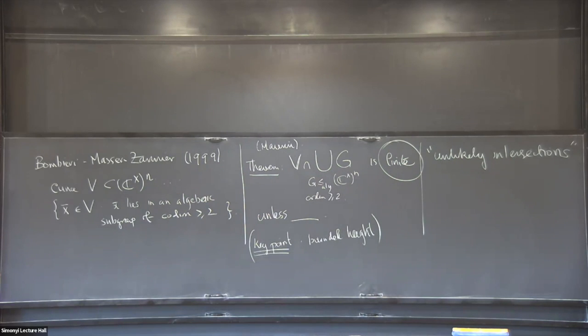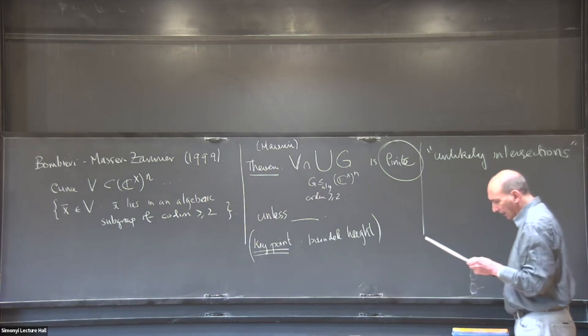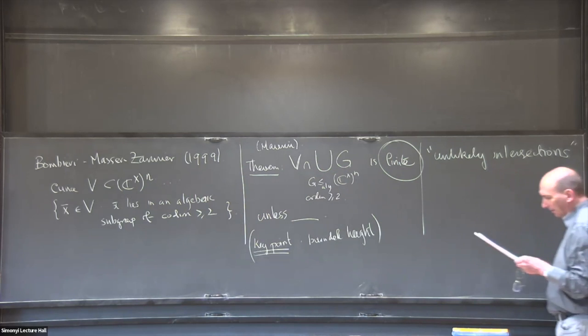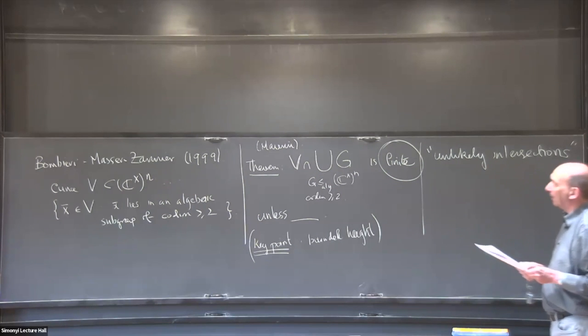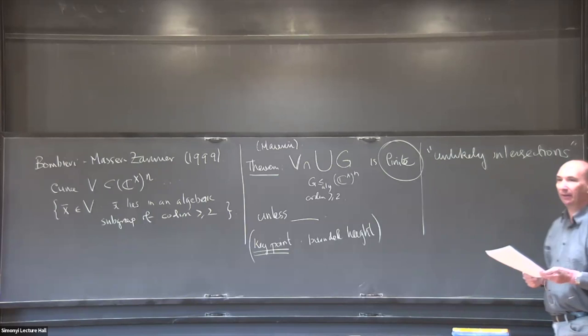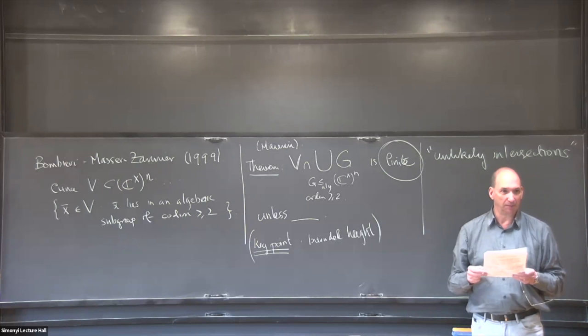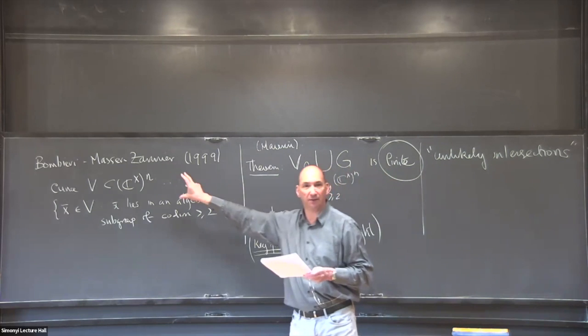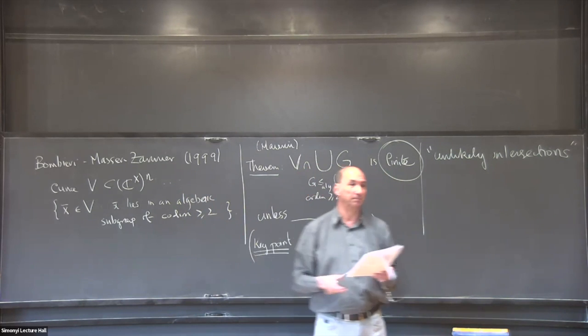So we'll come back to that a little bit later. Now, at the time, Bombieri, Masser, and Zannier's motivation came from a problem of Schinzel on reducibility of lacunary polynomials. So there was a paper of Schinzel in which he formulated as a question a kind of very special case of this problem.